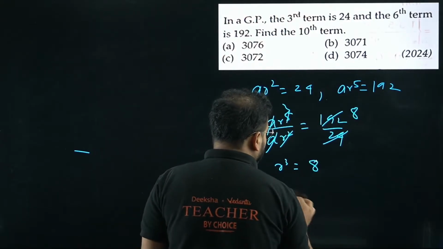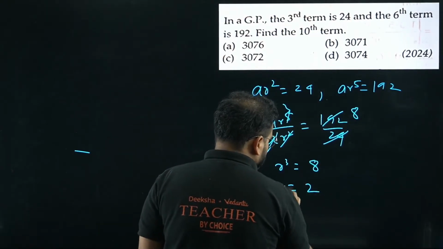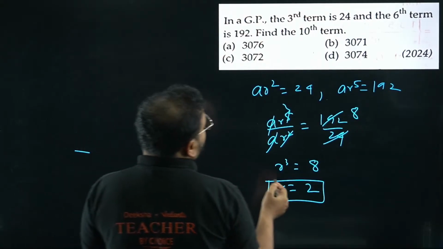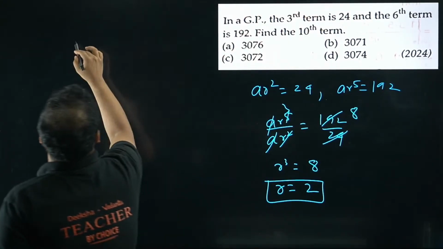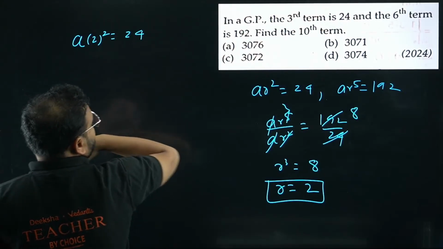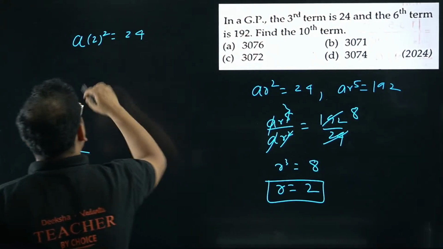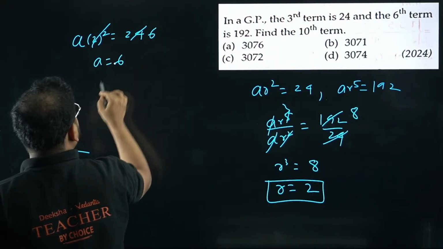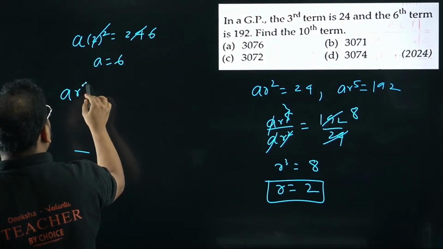So I have here the r value as 2, right? I'm looking for the 10th term. What is my first term? Can I find it from here? a into 2 squared is nothing but 24, so a is 6. I want the 10th term, which means I want ar^9.